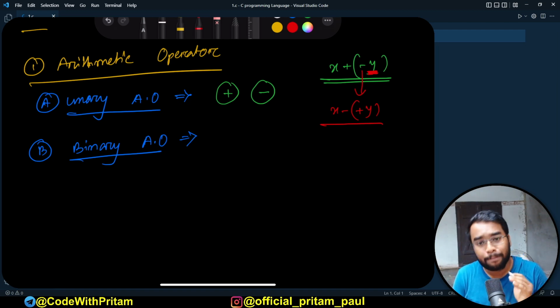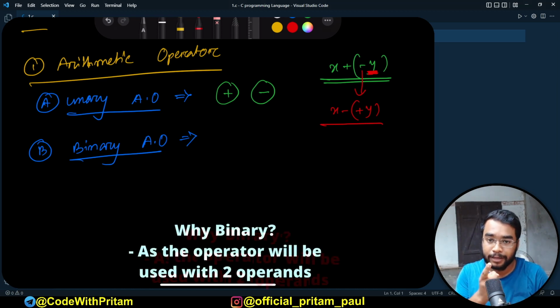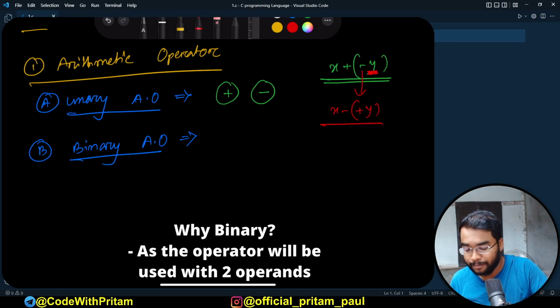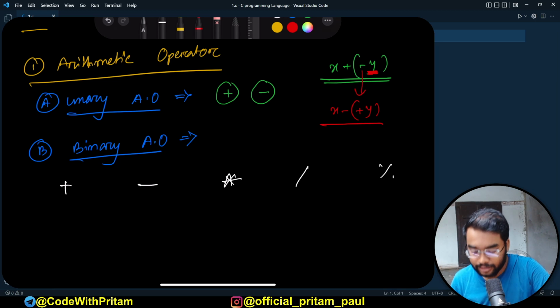Now let's talk about the binary arithmetic operators. There are 5 binary arithmetic operators: plus, minus, asterisk, divide, and modulus. The first one is plus, this is minus, this is asterisk, this is divide, and this is the percent symbol, which is modulus.